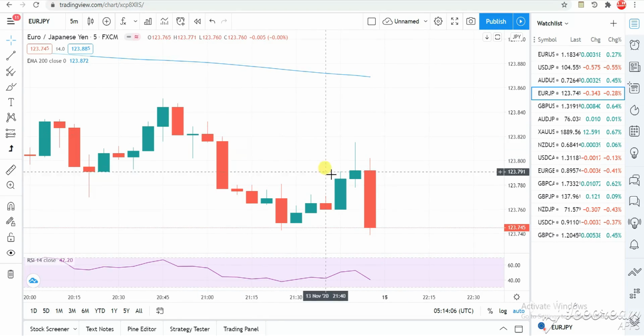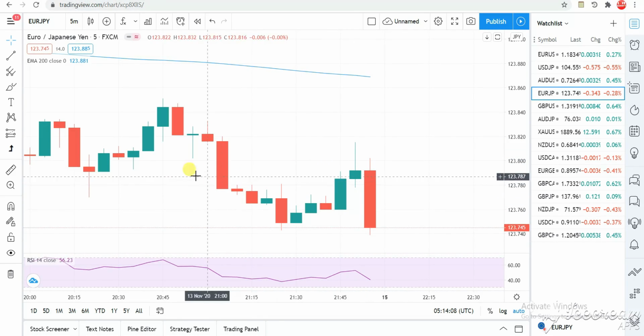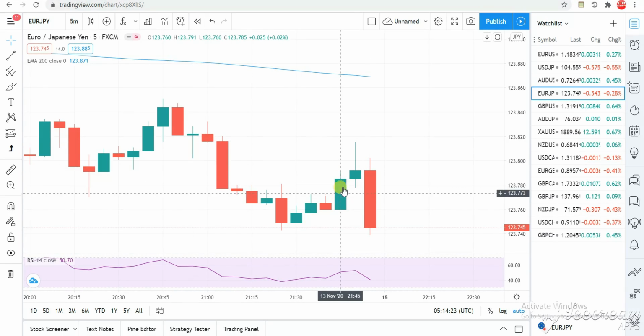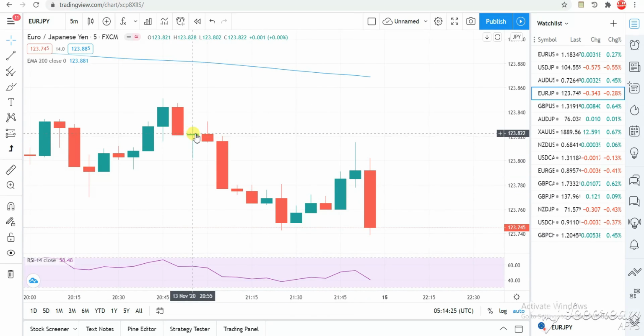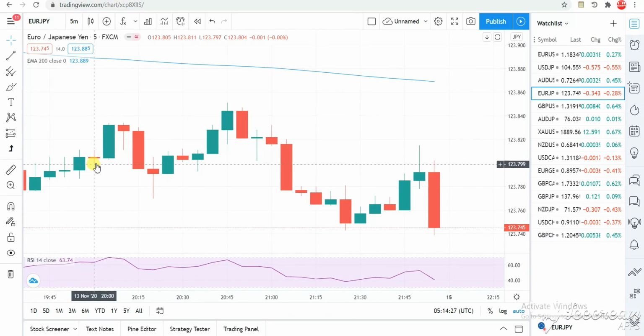Even looking at this one, these are two big bodies, so let's see the smaller bodies. You can see the market opened just down here, went all the way down, came back up, and retraced back and closed there. So this is a bullish candlestick, even if it's a weak candlestick. This is a strong bullish candlestick, and this is a weak bullish candlestick. And the same goes for this one too.